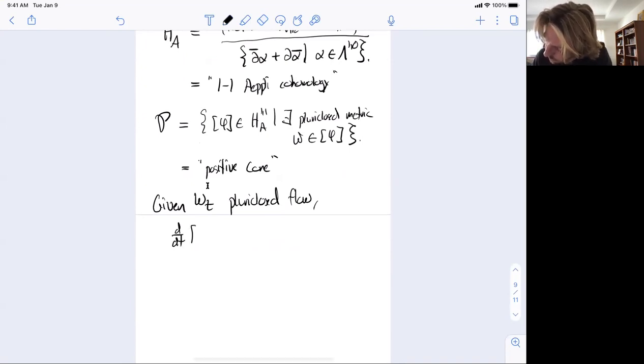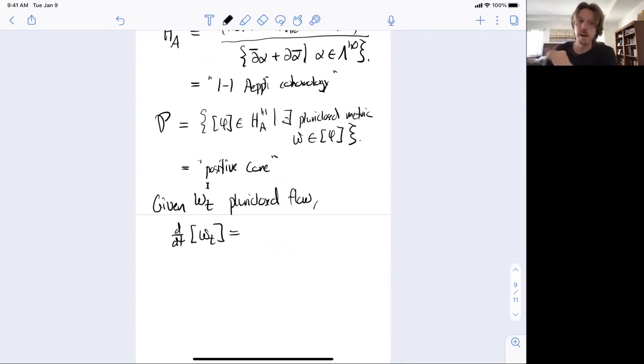I can take the time derivative of this class, and the point is that the (1,1) part of the Bismut Ricci tensor defines a pluriclosed (1,1)-form, and suitably interpreted, it still represents the first Chern class. Okay, so it's the (1,1) part of a form that represents the first Chern class. So in a sense, this is still a minus c_1.